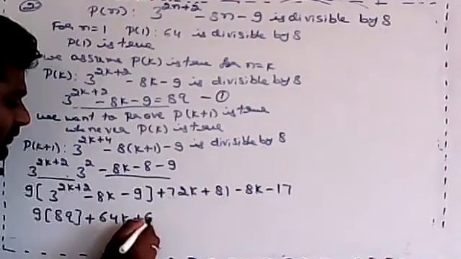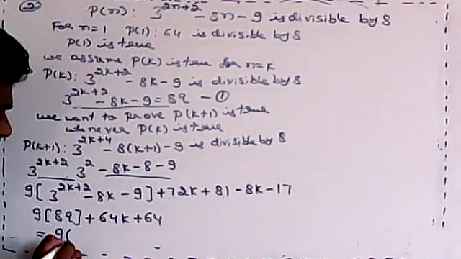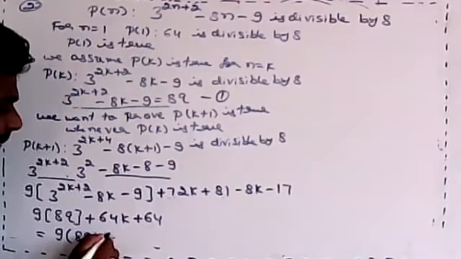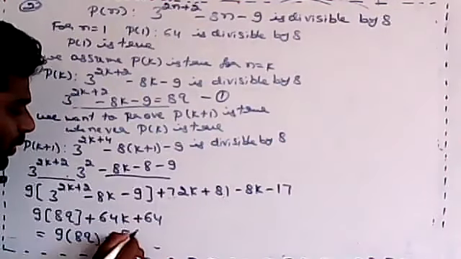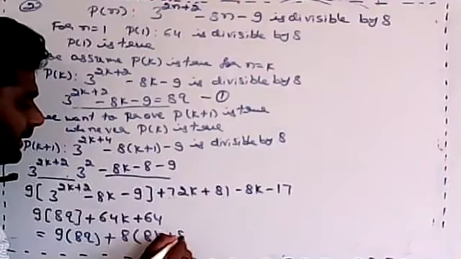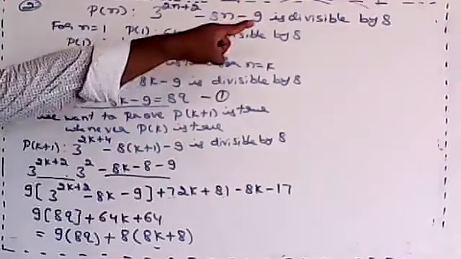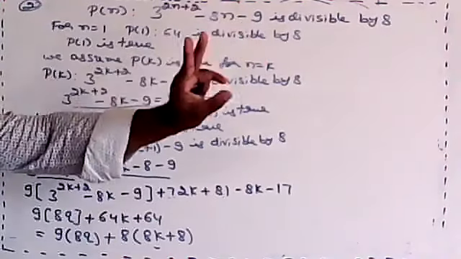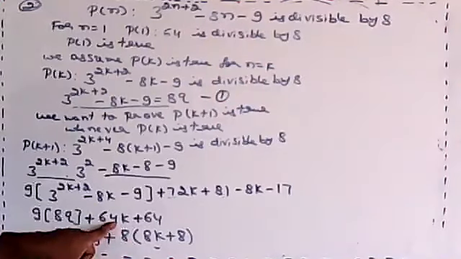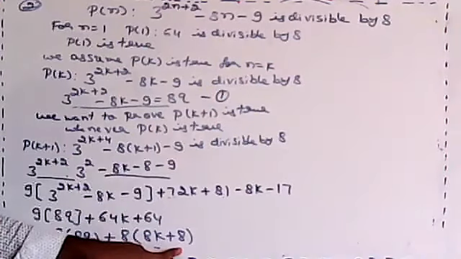So in this, again 9 into 8q, and again I'm taking 8 common in this. What is remaining? 8k plus 8. Why am I taking 8 only? Because I have to show that it is divisible by 8. Remember, keep it in mind. So in 64k plus 64, I'm taking 8 common. Remaining is 8k plus 8.